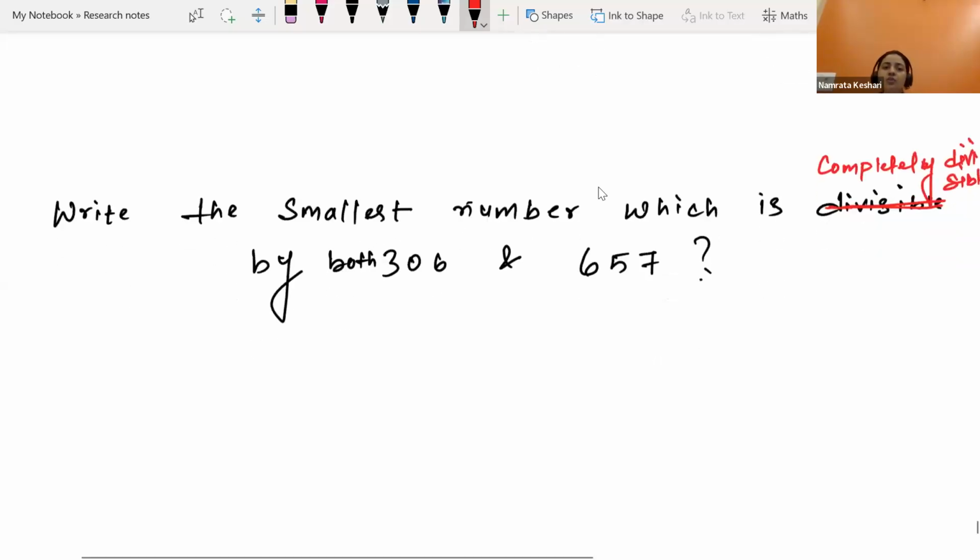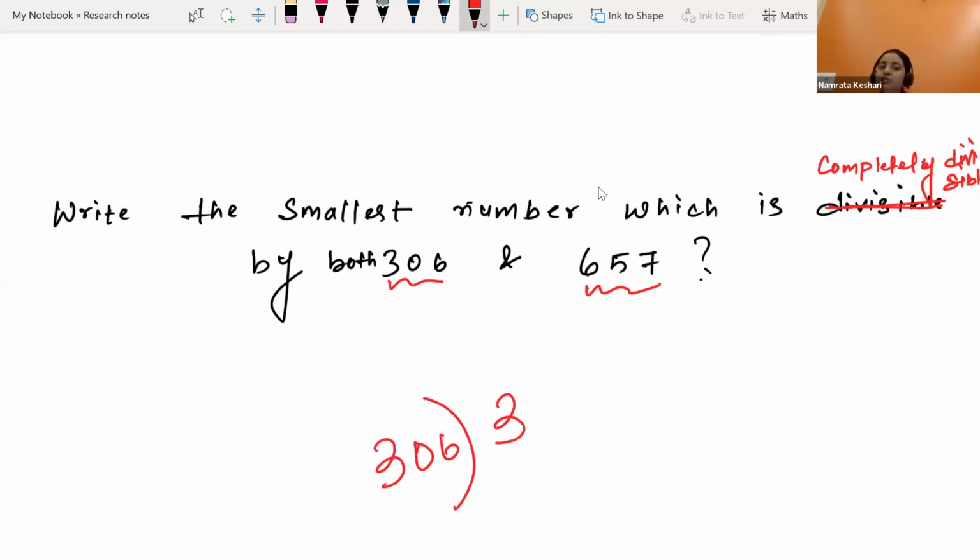So we have to write the smallest number which is completely divisible by 306 and by 657 also. Is the answer 3, which is completely divisible by 306 and also by 657? Is it making sense?